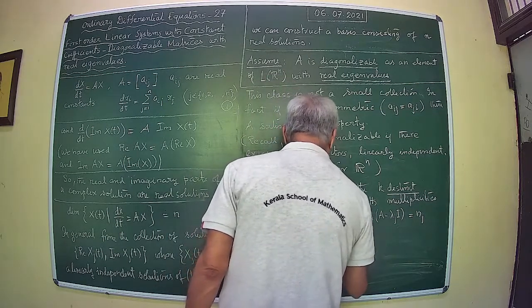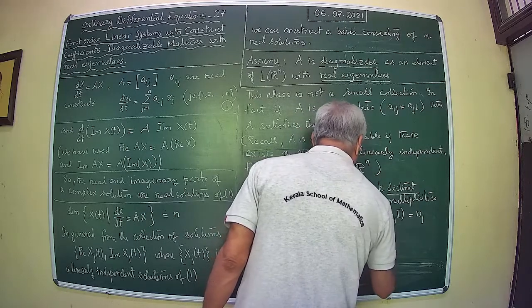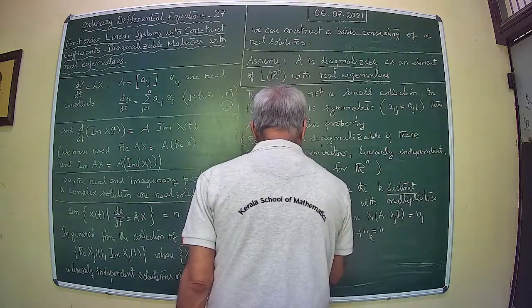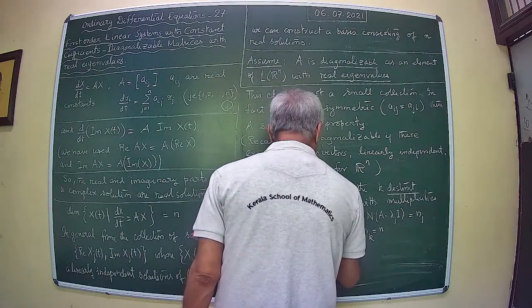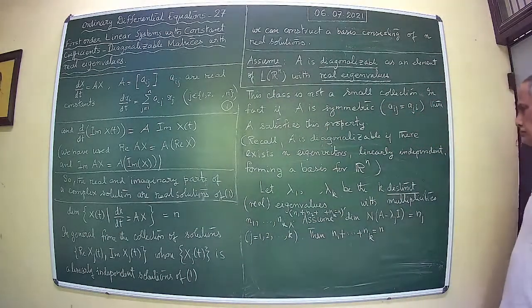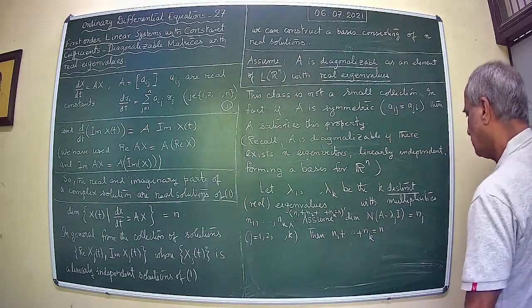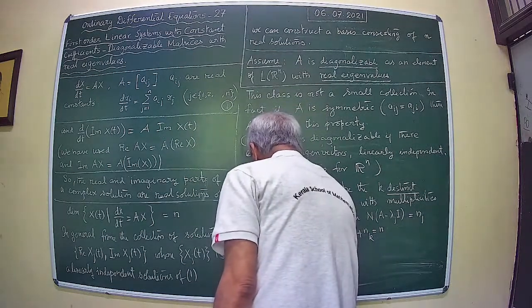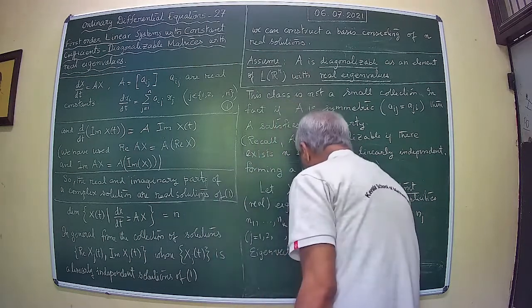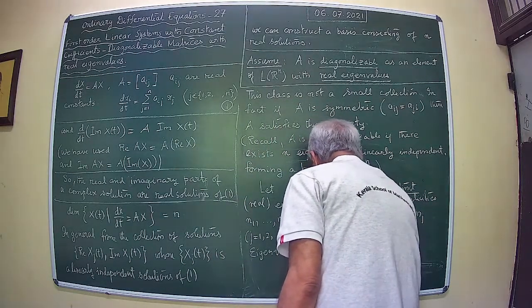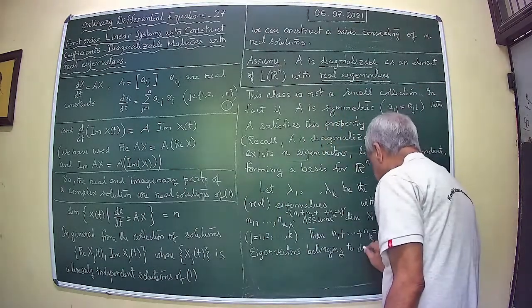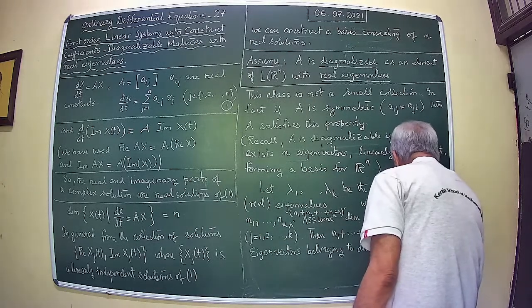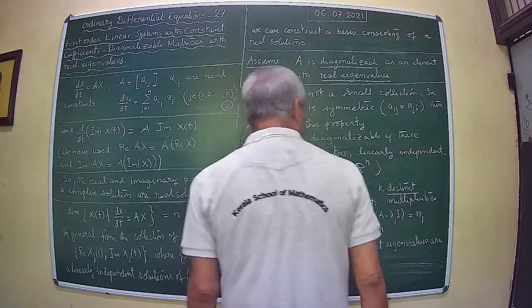Then that means you see that the eigenvectors belonging to distinct eigenvalues are linearly independent.